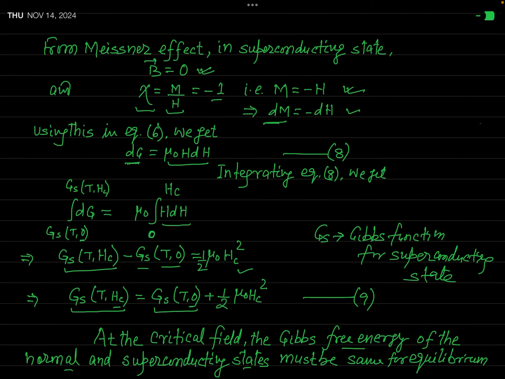So at that condition, the two states of the system are in equilibrium. And since they are in equilibrium, any property of the system in both states during that period must be the same. So at critical field, since phase transition takes place, the value of free energy for the normal state and for the superconducting state must be the same.